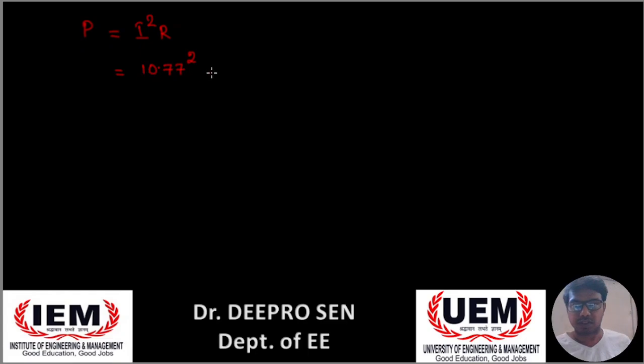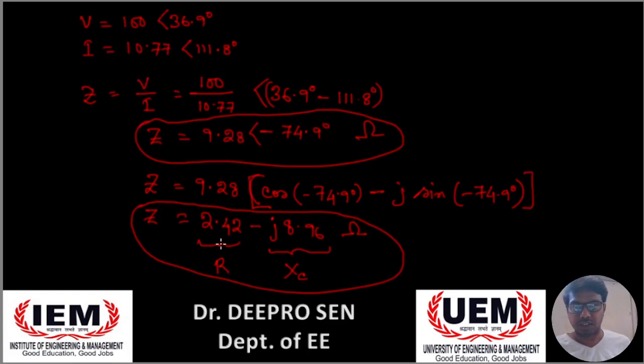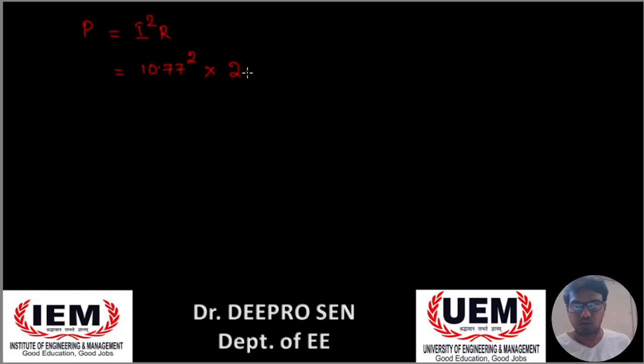So 10.77 square into the value of the resistance, that is 2.42, and that should come to around 280.9703 watts. Guys, please remember to write the unit after the result, otherwise it makes no sense.